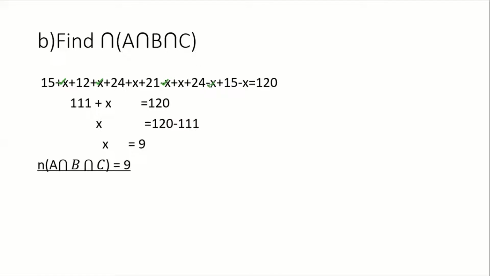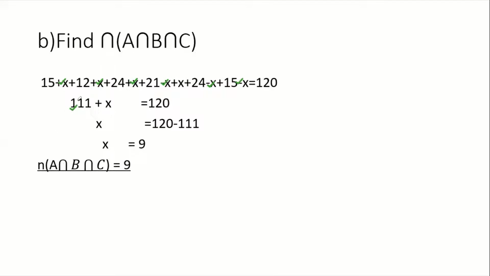Still eliminating that, leaving us with a 0. Then a plus x here and a minus x. Still giving us a 0. Leaving us with 15 plus 12 plus 24 plus 21, a plus 24, and then a plus 15. If you add them up, you end up with 111.